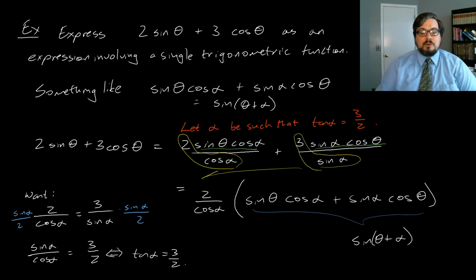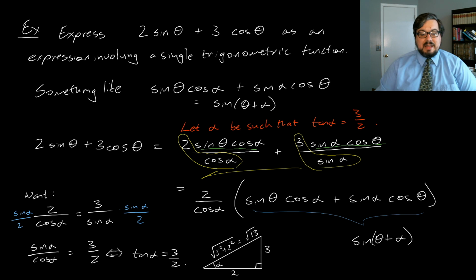Now the 2 over cosine alpha we can also work out. So 2 over cosine alpha is the same as 2 times secant of alpha. We don't know exactly what alpha is, but we can write down a triangle to describe it. We know that tangent of alpha has to be 3 over 2, which means that the hypotenuse of this has to be the square root of 3 squared plus 2 squared, or the square root of 13.